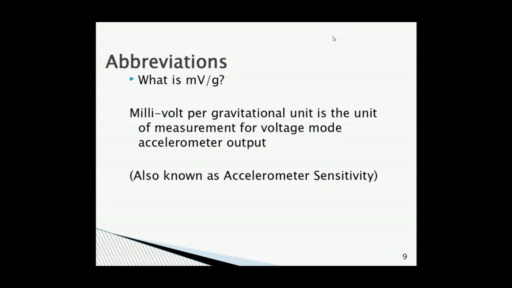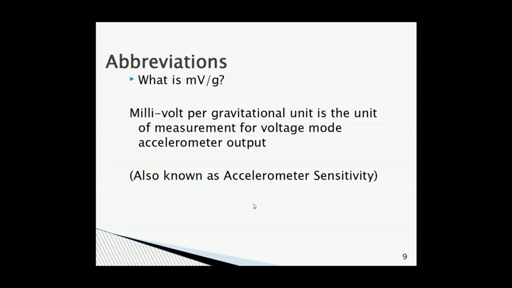This is very important that you remember this quantity, because you will use it quite frequently in vibration testing when you are inputting your accelerometer sensitivity, because a lot of tests are performed using voltage type accelerometers. It's usually a standard.